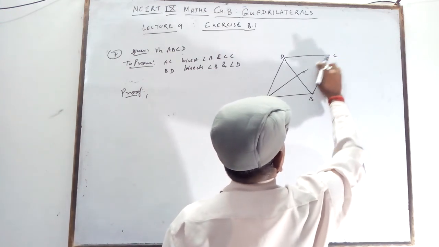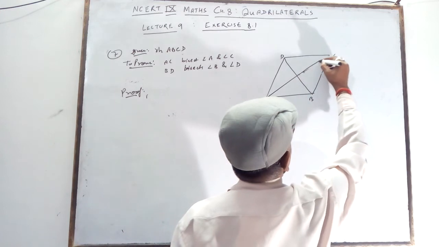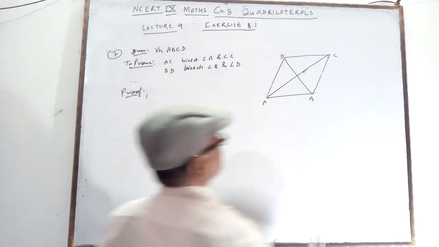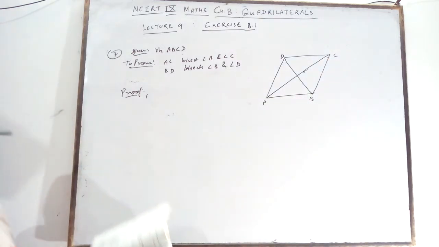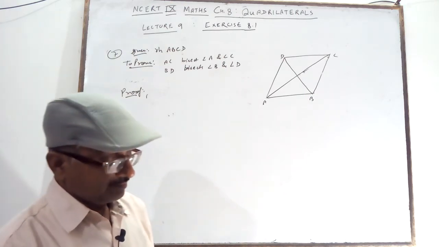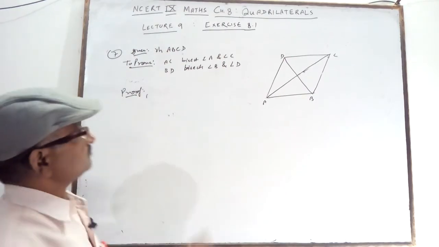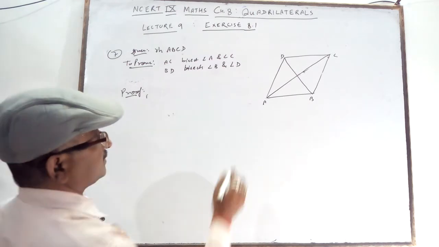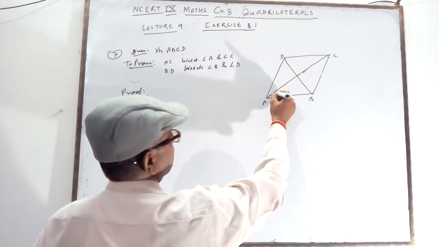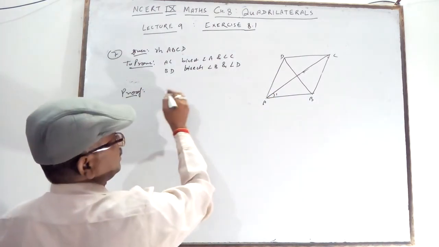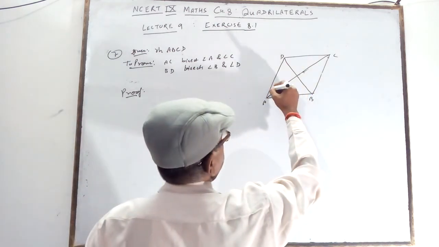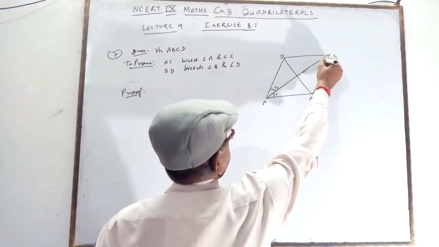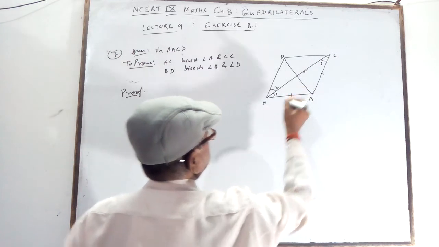How will you prove it? It is given ABCD. You want to prove this easily. What is this? Angle 1, angle 2, angle 3.